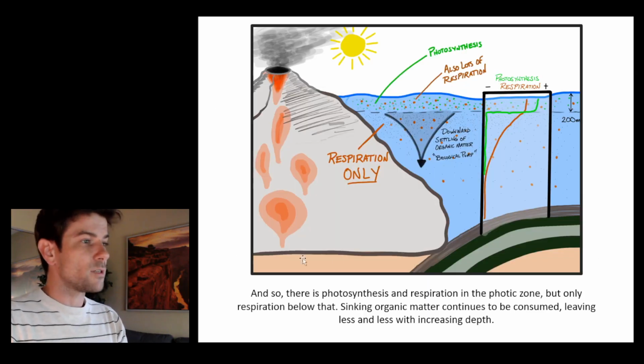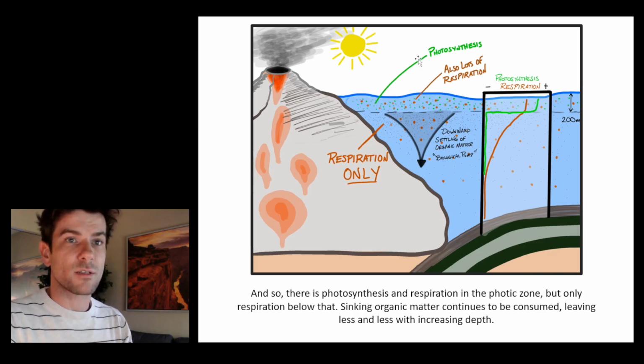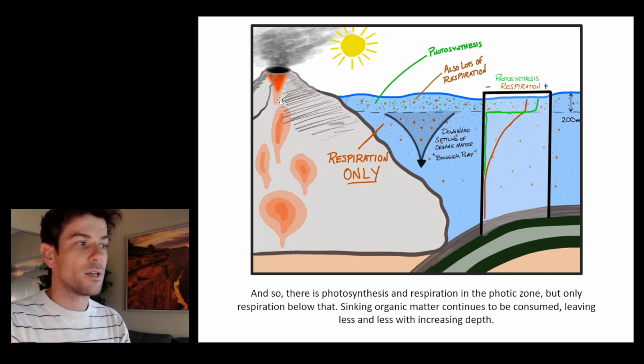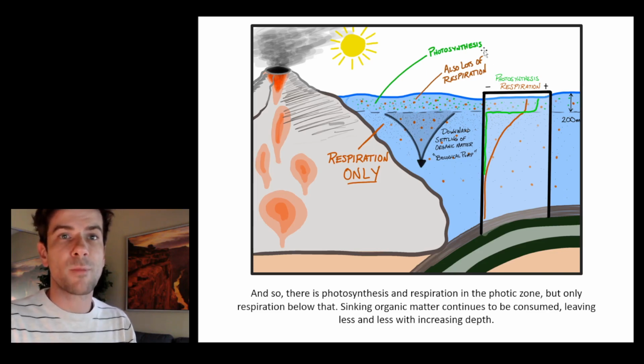So we talked a lot about this kind of on this little idealized continental margin here. We have an active continental margin. There's some arc volcanism going on here. You have an ocean slab being subducted, and you have the photic zone up here with lots of photosynthesis, lots of primary productivity. You also have a lot of respiration going on in the photic zone, right?